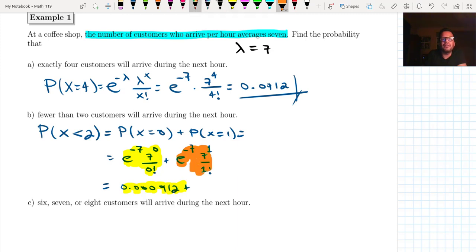Keep in mind that this is multiplication, and this will be 0.006383. I'll let you verify that using the calculator. Okay, we are going to get 0.0073. That's our probability.